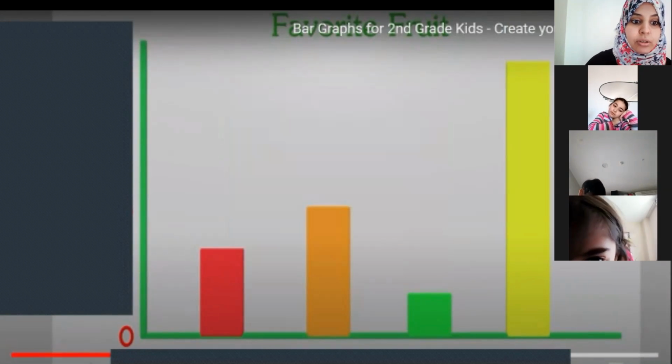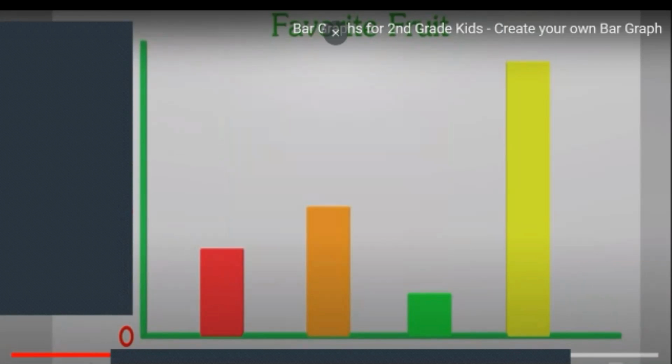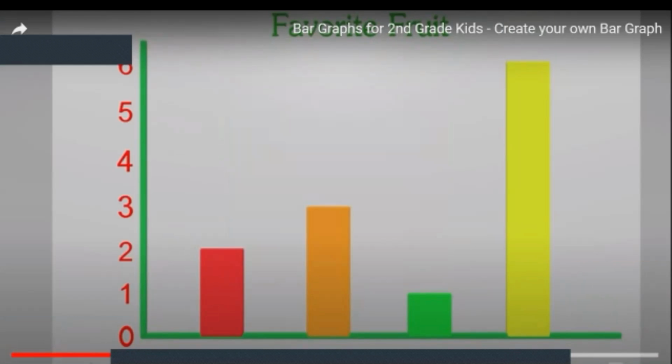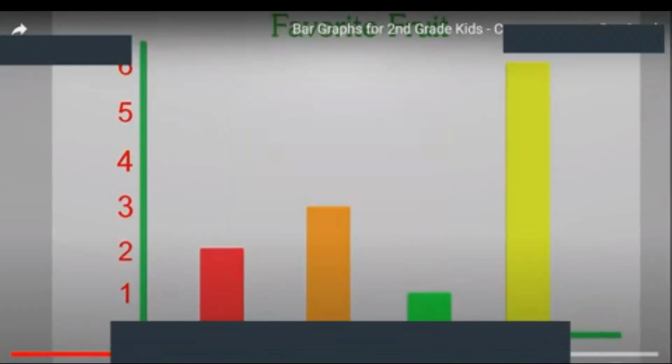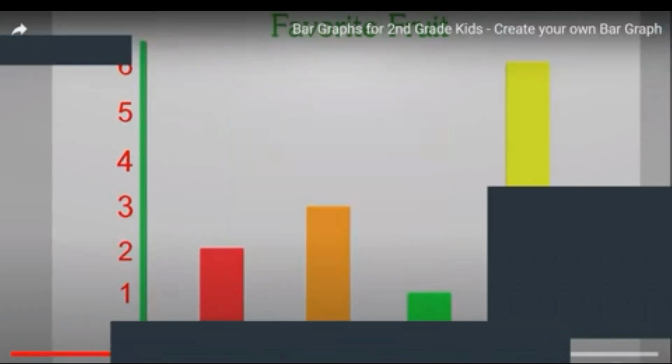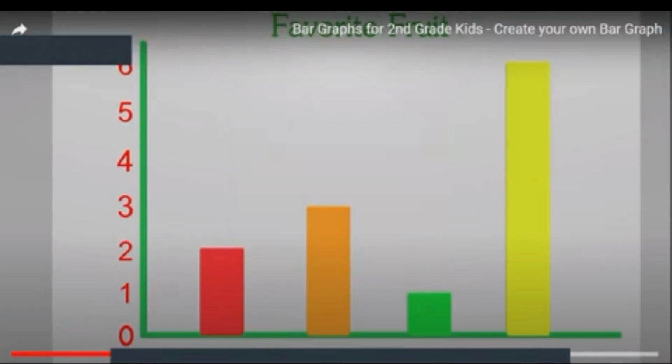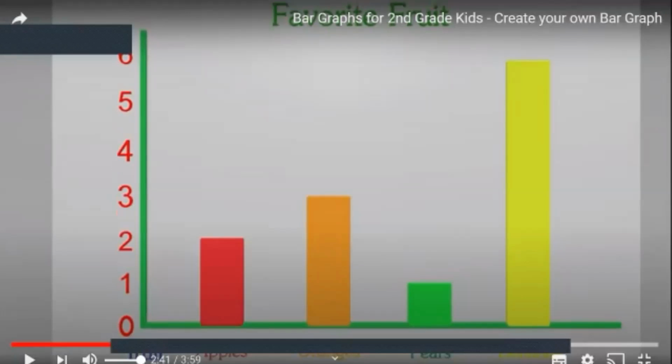So, we call this type of graph a bar graph. Bar graph. You can see here numbers. On one side, it has numbers, and on the other side, it has lines that show us every fruit or everything we're asking about is written here.